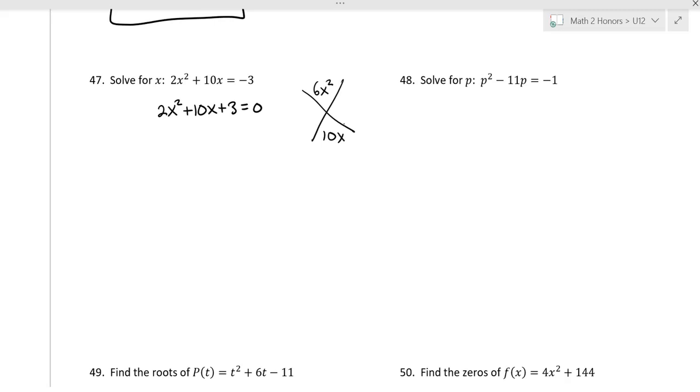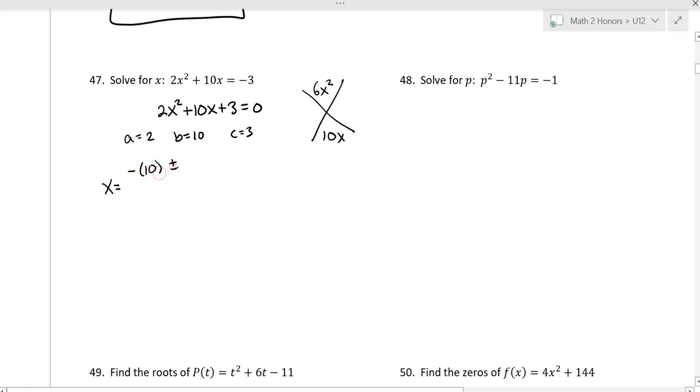So now I'm left with the quadratic formula or completing the square. Completing the square, in this case we're going to end up dealing with fractions, so I'm just going to jump to the quadratic formula again. So a is 2, b is 10, c is 3, x equals negative b plus or minus the square root of b squared minus 4 times a, which is 2, times c, which is 3, all over 2 times a.